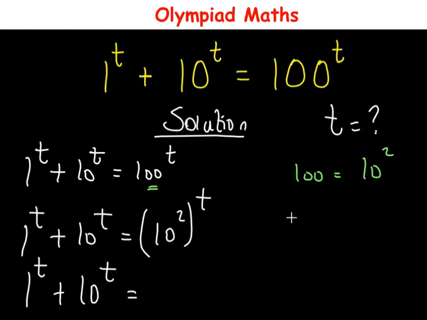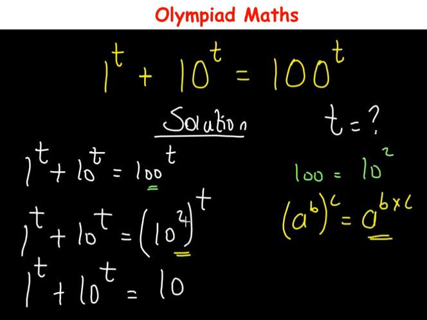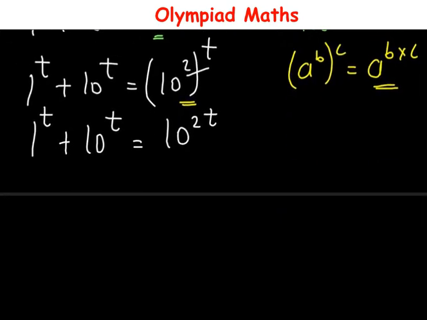Now applying this rule of indices, that if you have (a^b)^c, this equals a^(b times c). Applying this rule, what we then have is 10 to the power 2 times t, that becomes 2t, such that we have 1^t + 10^t = 10^(2t).